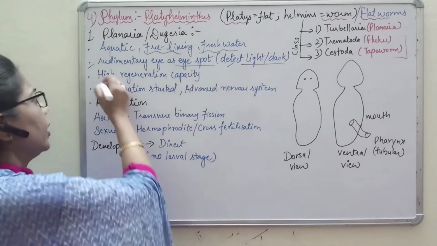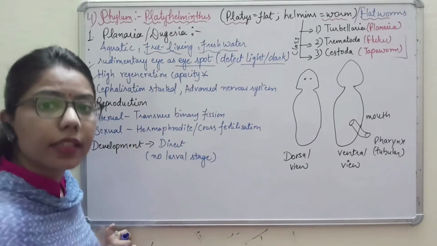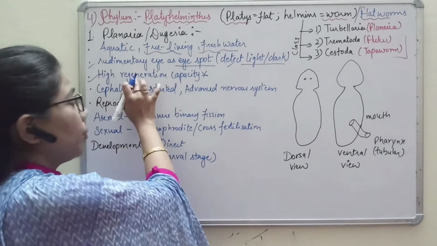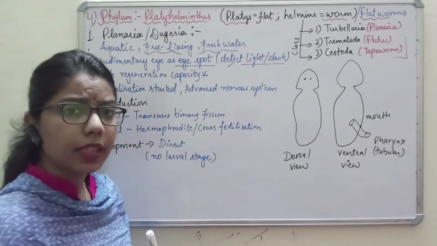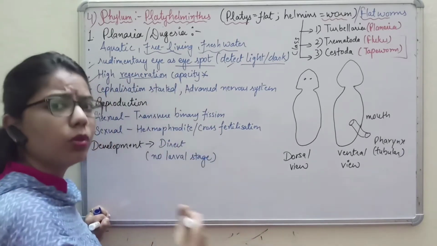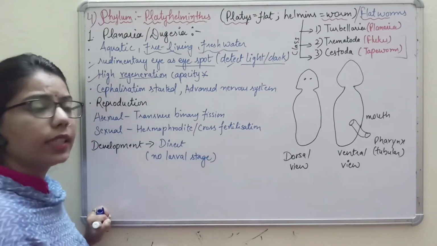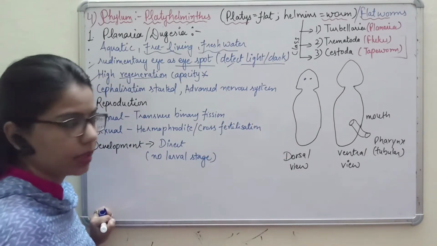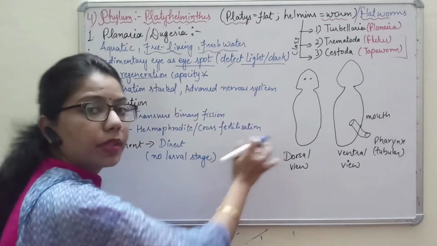Now another very important thing, that it has high regeneration capacity. एक point बहुत important है. What is the meaning of high regeneration? Regeneration means generation again, to produce or to generate something. So Planaria has the highest regeneration capacity. अगर हम पूरे animal kingdom में बात करें तो सबसे ज़्यादा regeneration capacity Planaria की होती है.